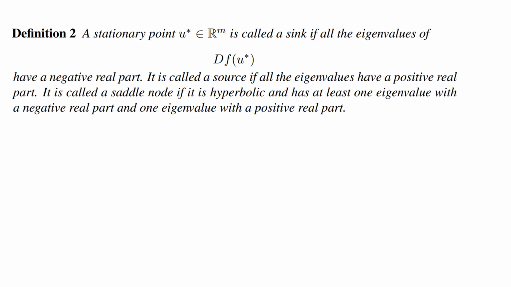My stationary point is a sink when all the eigenvalues have a negative real part. And it's a source if all the eigenvalues have a positive real part. When it has eigenvalues with negative and positive real parts, then it is a saddle node.